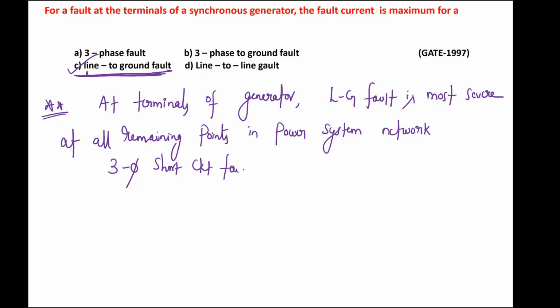What are the three-phase short circuit faults? Triple L and triple LG. Understand? Only at the terminals of the generator is LG fault more severe. At all remaining locations, the three-phase short circuit fault is more severe than any other fault. Understand? Remember this point.